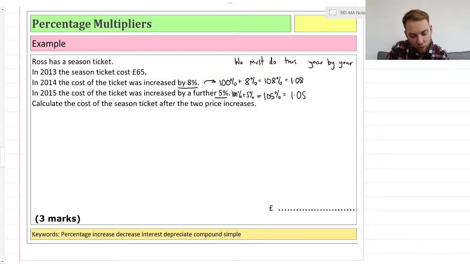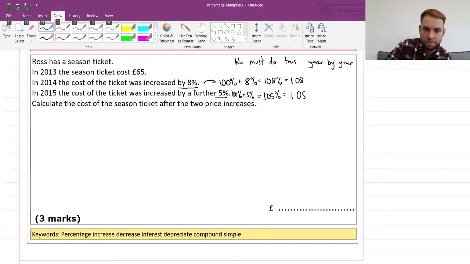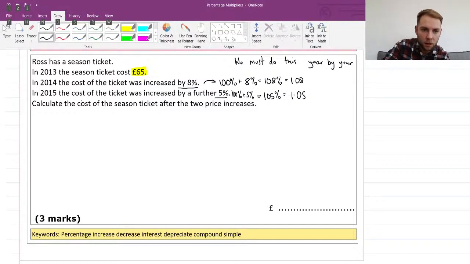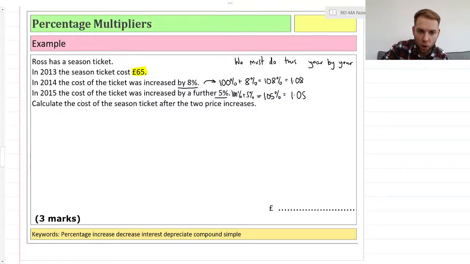So we know the original amount, which is 100%, is £65. So that's what I'm going to write down first of all. 100% is equal to £65. This here was in 2013. Then there was an increase of 8%.